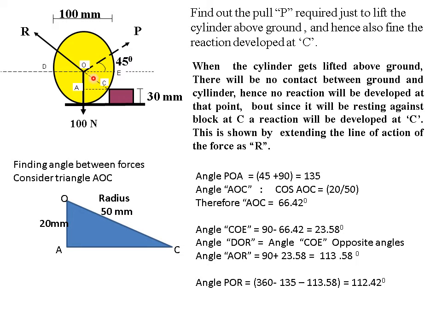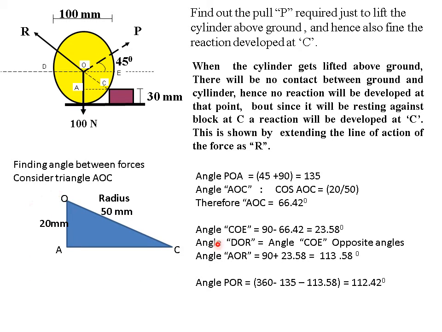So here I have got certain dimensions. I know the radius is 50 millimeter because diameter is 100. So this dimension OC is nothing but radius, so this will also be 50. Then this total is also 50, but 30 is gone, so it remains 20.